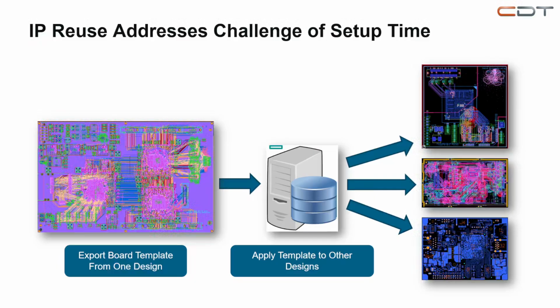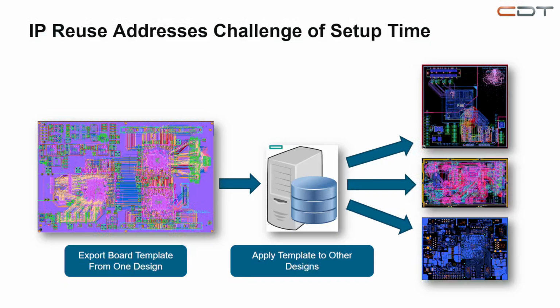The good news is we can take advantage of IP reuse to help cut down the time. We are often dealing with the same interfaces, things like PCI Express or Ethernet, and sometimes even with newer iterations of the same exact board. So why reinvent the wheel, right? We can create a board and constraint the planes, and this is something we're really pushing to our customers.